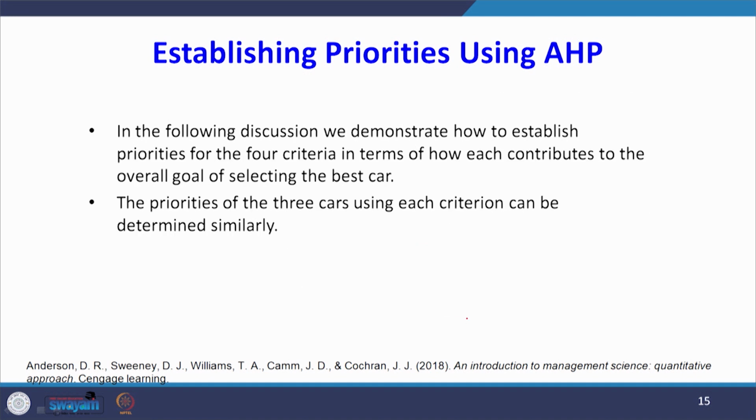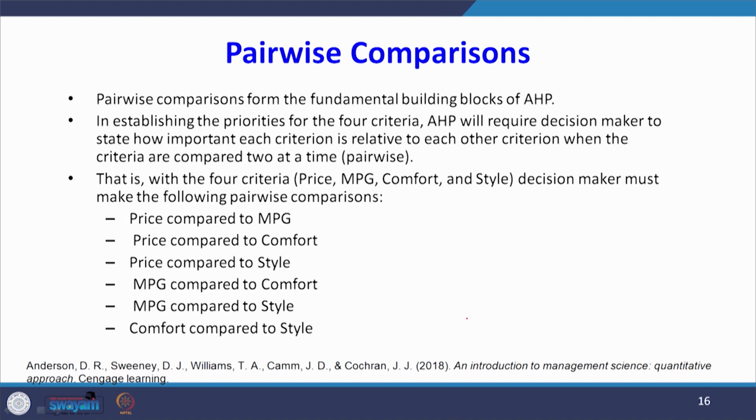In the following discussion, we demonstrate how to establish priorities for 4 criteria in terms of how each contributes to the overall goal of selecting the best car. The priorities of the 3 cars using each criterion can be determined similarly. So, at present I am going to explain how to find the priority among the 4 given criteria.